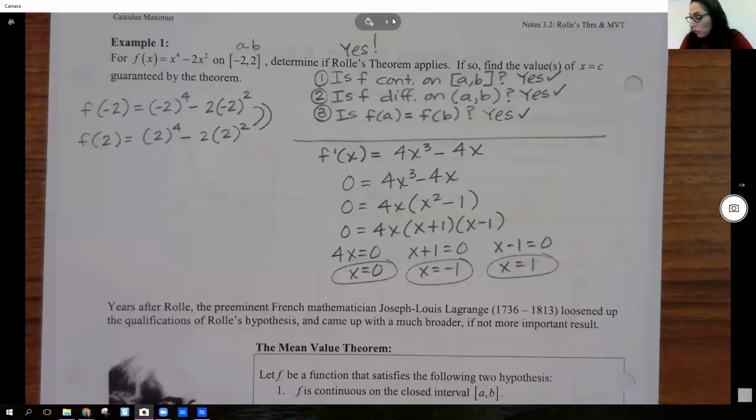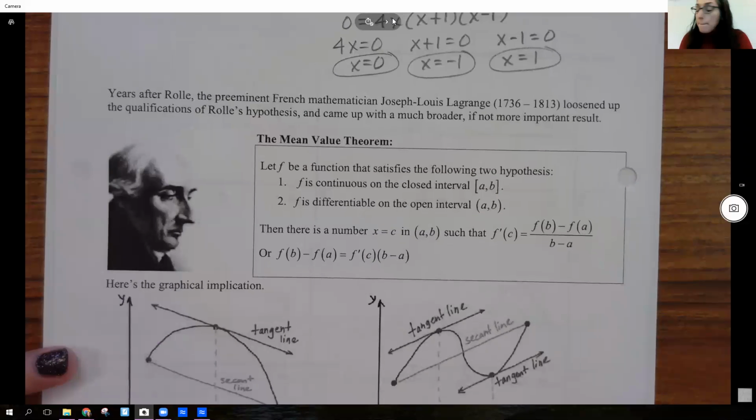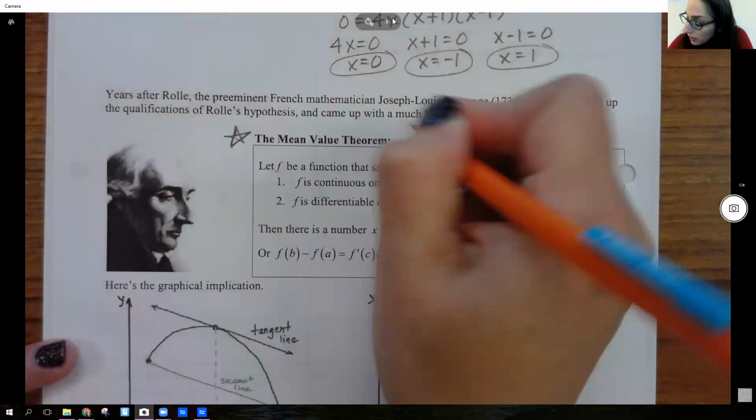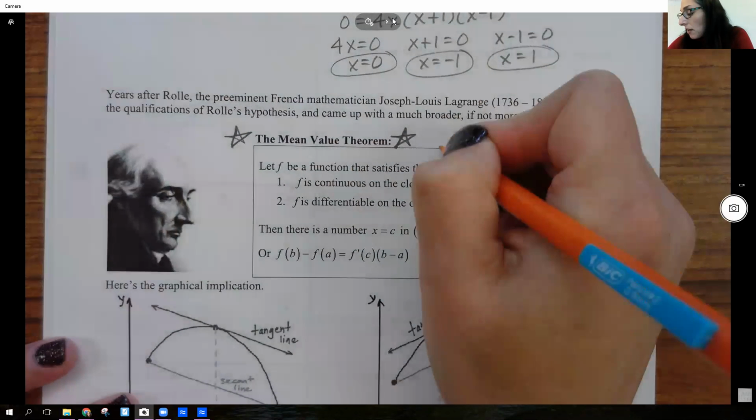So after Rolle, Lagrange came up with, he kind of added on to this a little bit. And he actually came up with the mean value theorem, which is really cool. Mean value theorem is like major superstar here with calculus.